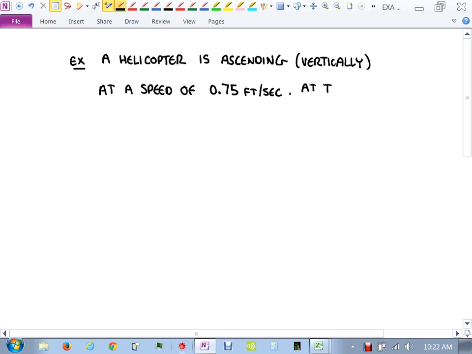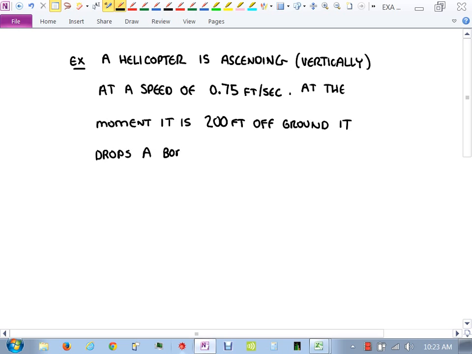At the moment, it is 200 feet off the ground. It drops a bomb. We're going to blow something up with this helicopter, all right?